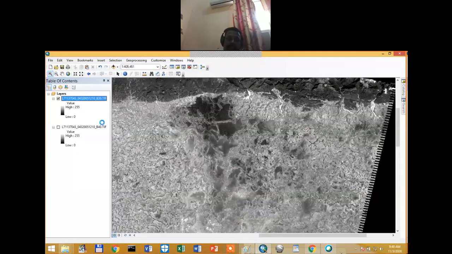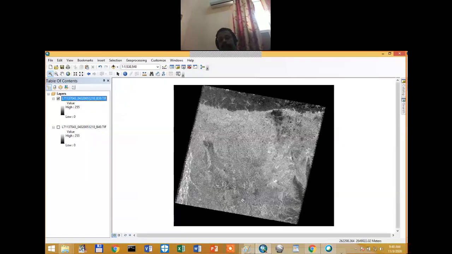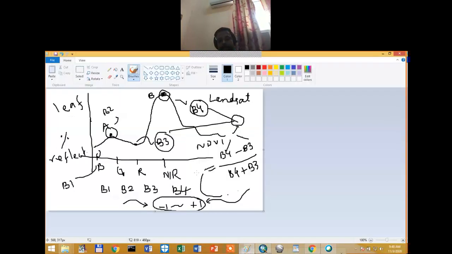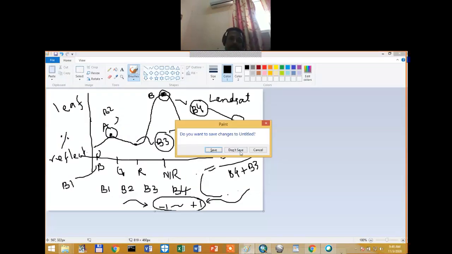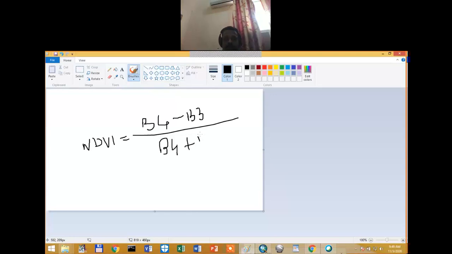So now what we are going to do, we will be calculating the NDVI for this area. NDVI is calculated as band number 4 minus band number 3, divided by band number 4 plus band number 3.